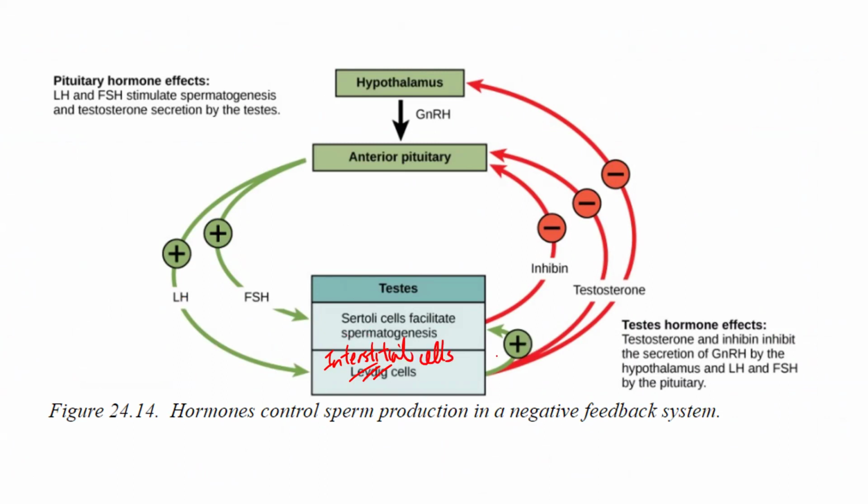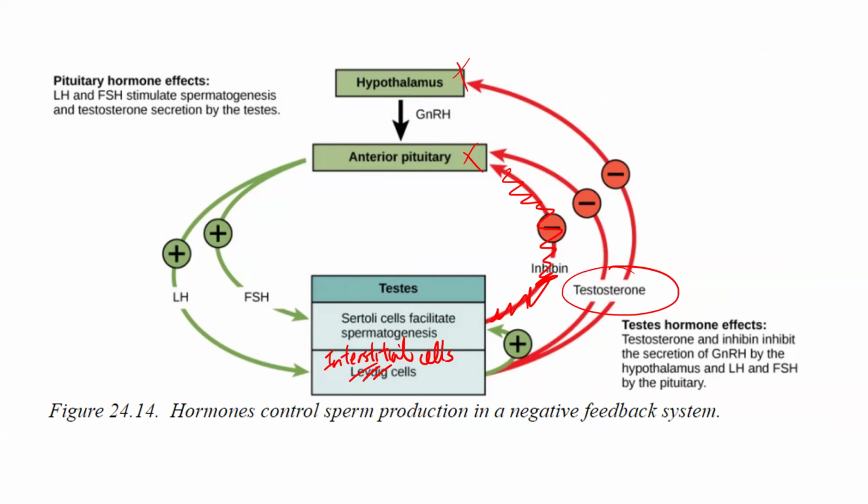And that's going to reinforce the spermatogenesis, and then the testosterone will go back and inhibit these things. There is even an extra hormone called inhibin, but don't worry about it. The name inhibin suggests it inhibits the production, right? So that's that.